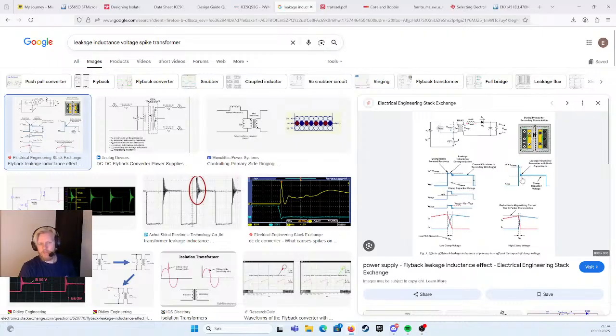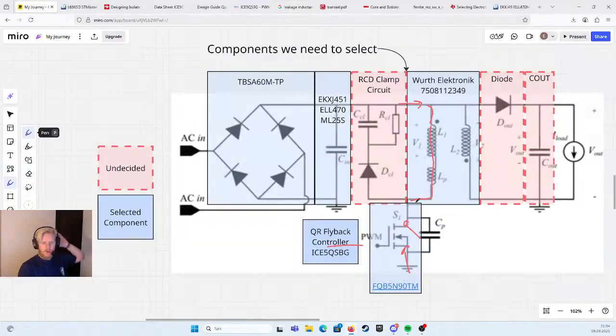Here, you can't really see that so good, but VDS when the MOSFET is on, when it's current flow, it's 0 volt, right? Because it's connected to ground. But then because of the leakage inductance, we'll have a high voltage spike here, which we need to deal with.